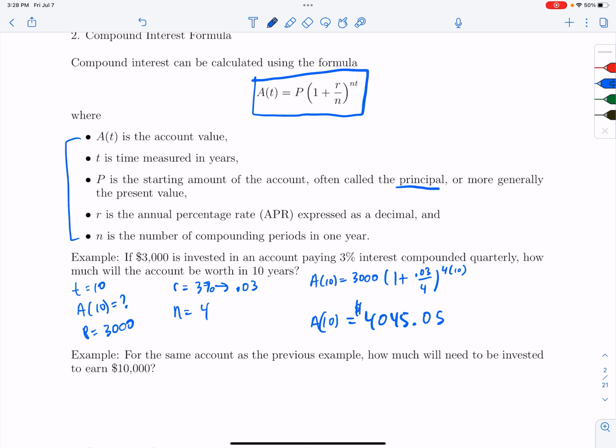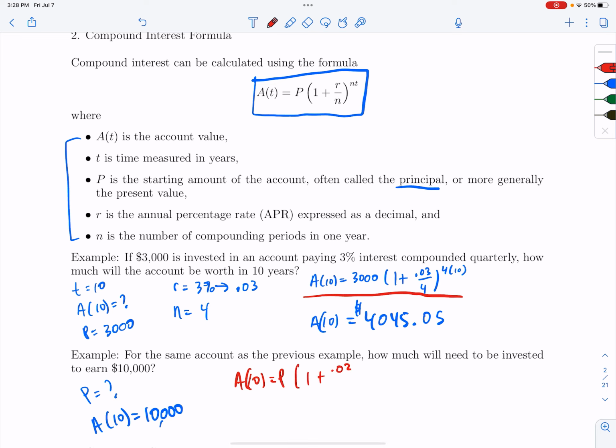The next example says, for the same account as above, how much will we need to invest to earn $10,000? So here we want to find the P value, and after 10 years we want this to be $10,000. So we're going to take the equation that we set up, but now we're going to solve for P, with 1 plus 0.03 over 4 raised to the 40th.